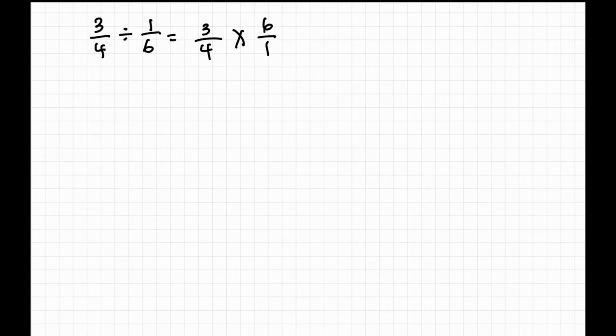And when you look at this, what can you see? Or what do you think I'm going to ask you to do now? Simplify them. You're right. How can we simplify them? So 4 and 6, you can see, are both divisible by 2. So 4 divided by 2 is 2, and then 6 divided by 2 is 3.